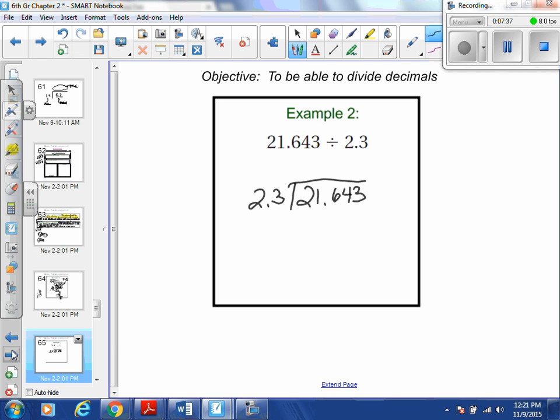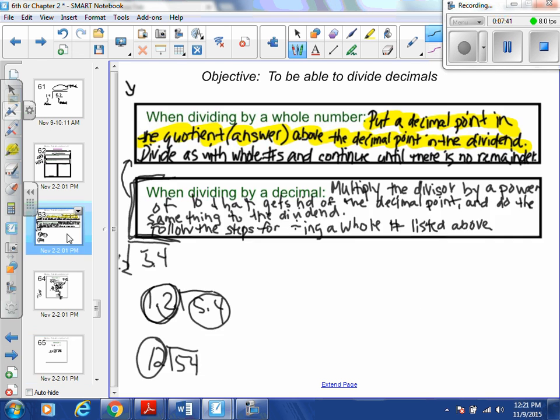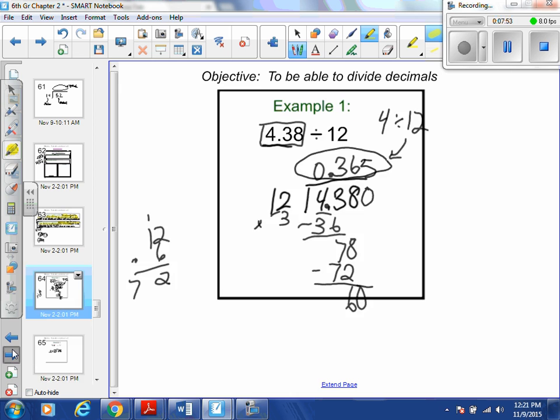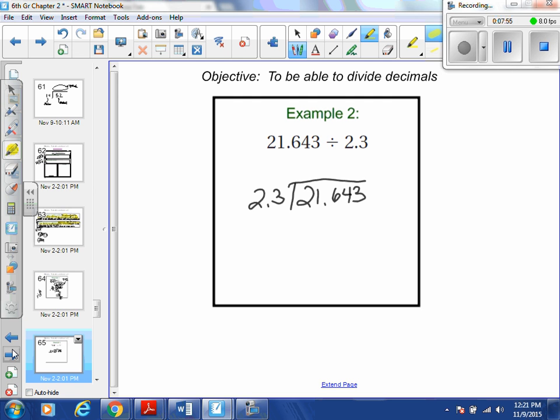So our instructions for a problem like this, if I go back and look at them, say multiply the divisor by a power of 10. That gets rid of the decimal point. Since this number, our divisor, only has one number after the decimal point, we just move our decimal point 1 to the right, which is like multiplying by 10.